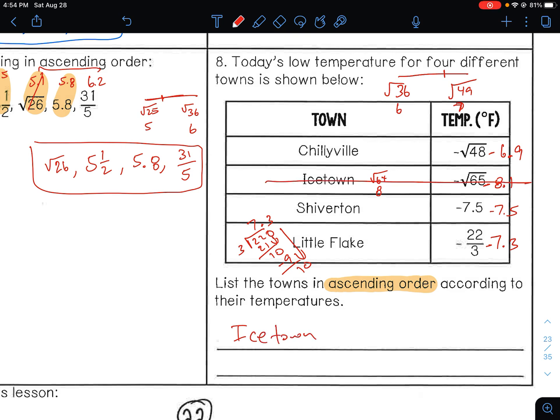So afterward, it's the next one, which is Little Flake. No, not Little Flake. The next largest negative number is Shiverton, followed by Little Flake, followed by Chillyville.